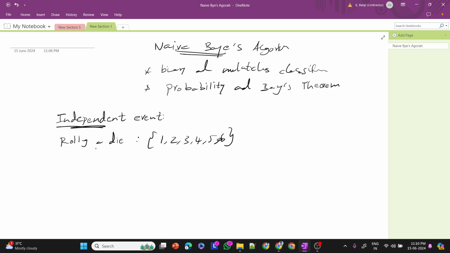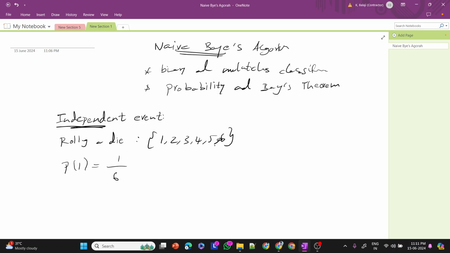Whenever we roll a die, we will get any of these values, and this event occurs independently. When we apply probability on rolling this die, the probability of getting 1 is 1 by 6, because there are 6 elements.